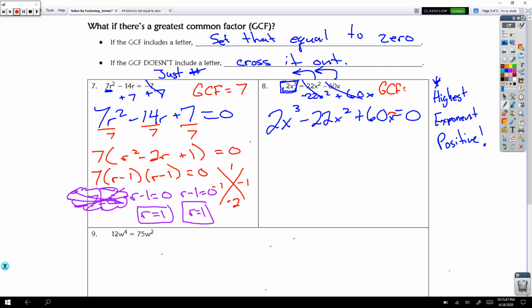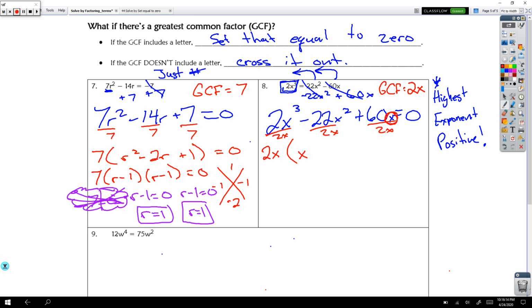In this case, the smallest exponent is x to the first power. And then I want to look at my numbers, 2, 22, and 60. The largest number I can divide all of those by is 2. So my GCF would be the 2 and x to the first power. So GCF 2x. Go through and divide everything by 2x.